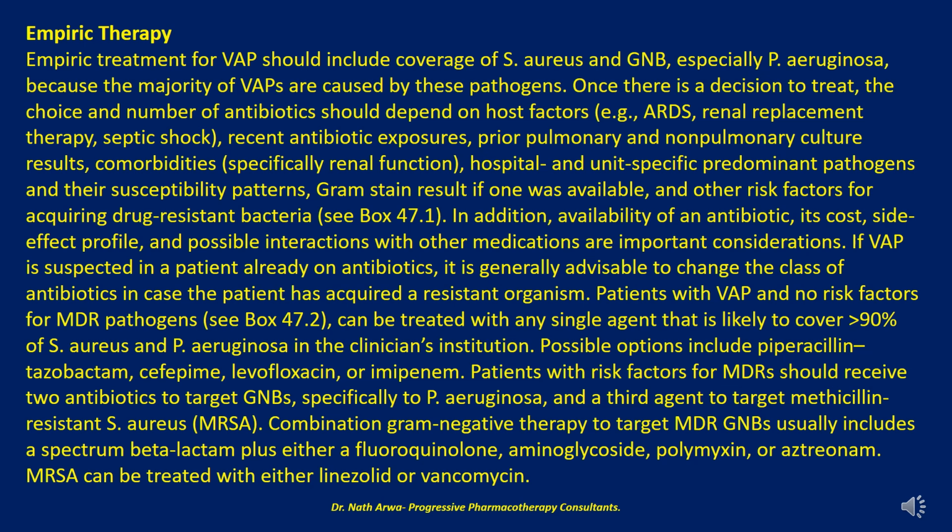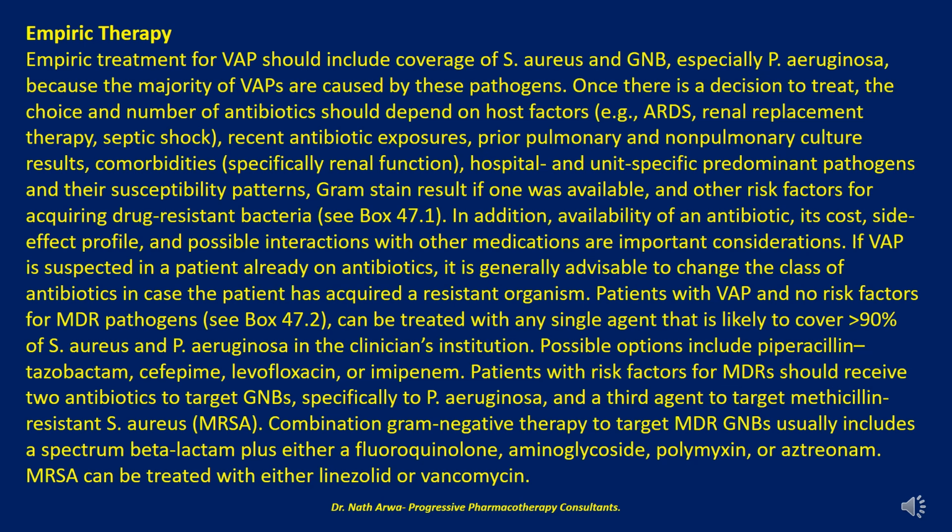If ventilator-associated pneumonia is suspected in a patient already on antibiotics, it is generally advisable to change the class of antibiotics in case the patient has acquired a resistant organism.